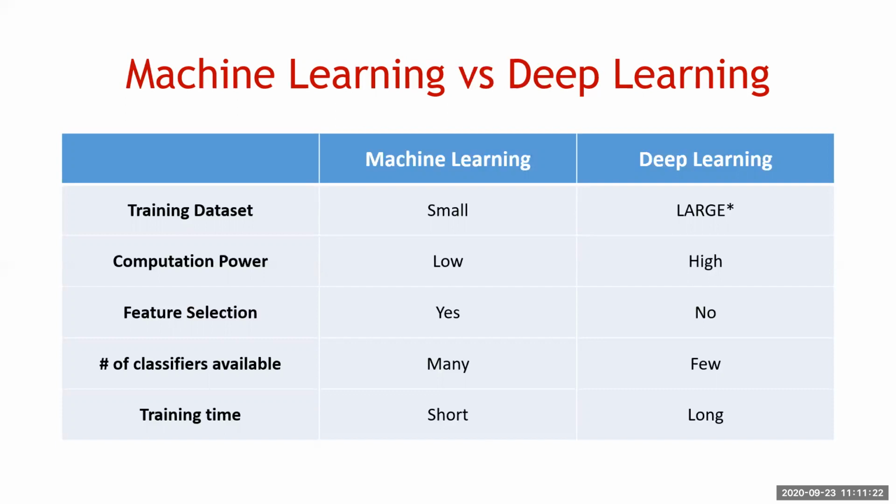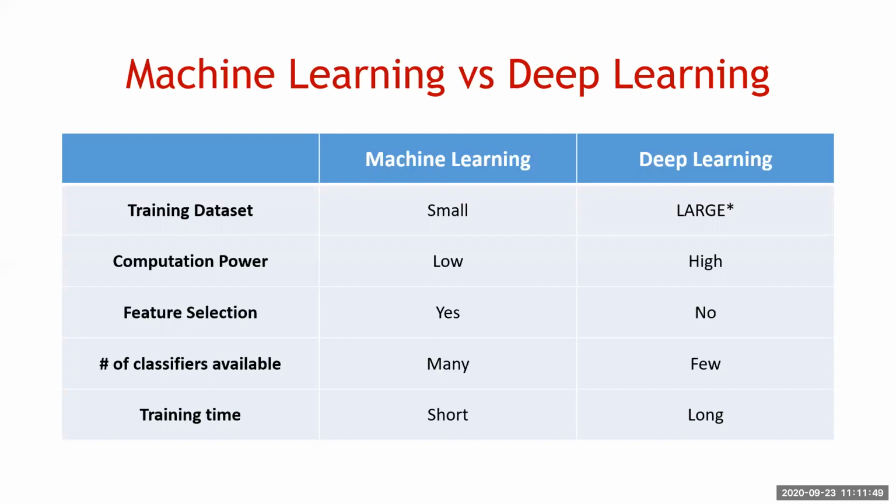Because of the large amount of data and the complexity of the networks that do the thinking for you, the computational power is obviously very high as opposed to machine learning. Feature selection, I mentioned that. You need to do feature selection in machine learning, but it's folded into deep learning, which is one of the pros, I guess, for deep learning.